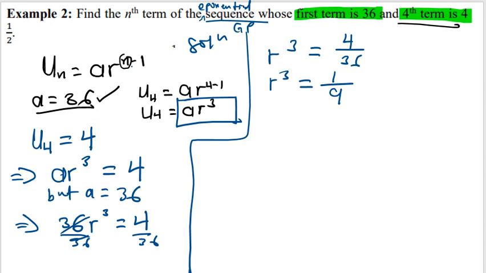So we can now find our r by taking the cubic root of both sides.